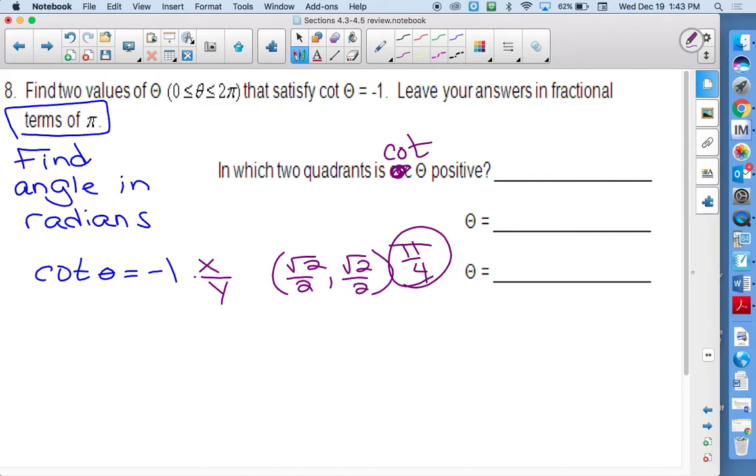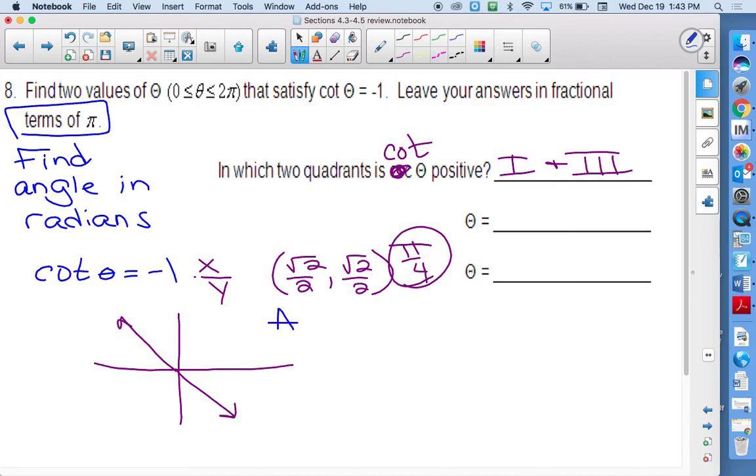It's positive in 1 and 3, but we want it negative, so that means 2 and 4. It has to be negative in the opposite. And again, all sine, tangent, cosine.